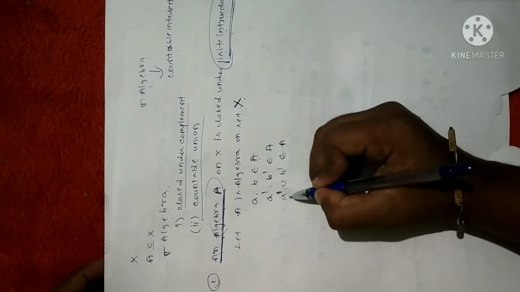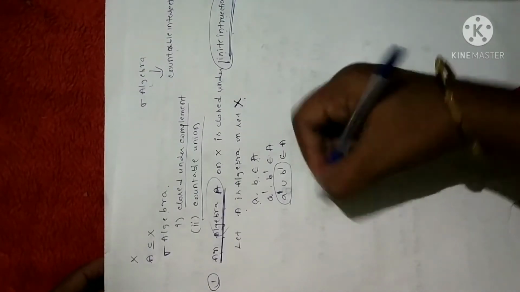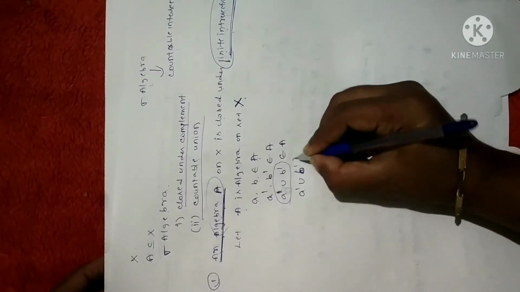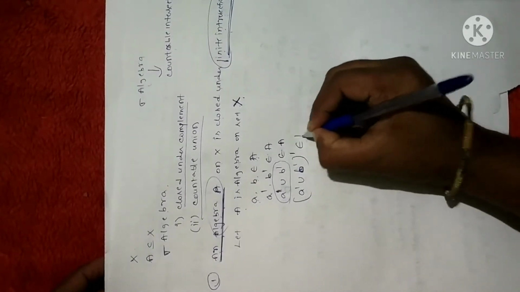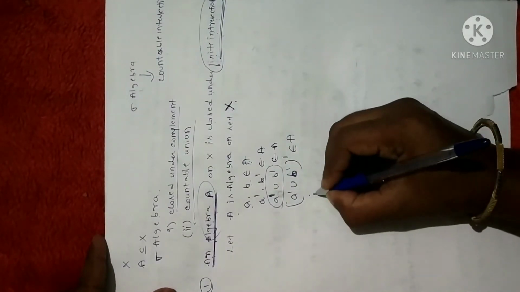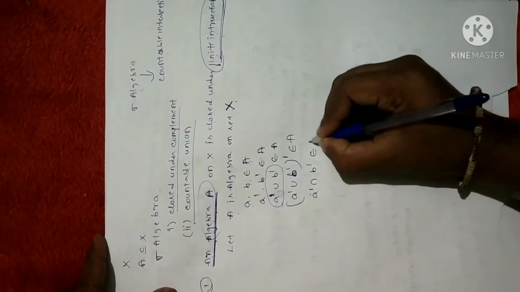Since its union belongs to A, let me consider this as a single element. So its complement, in the sense (A complement union B complement) whole complement, is also in the given set A. Now apply De Morgan's theorem. So you will get A complement intersection B complement also belongs to A.